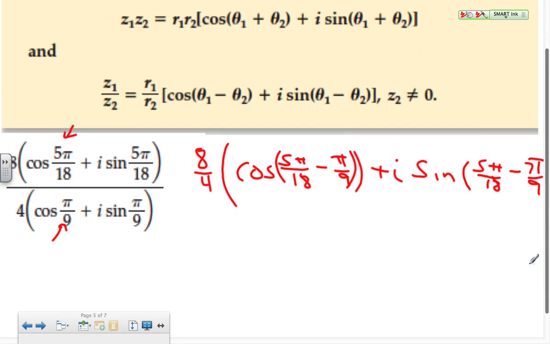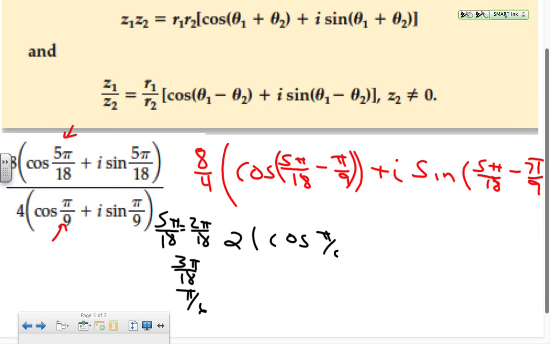Now, I'm going to actually do that part of the problem off to the side for those of you that have trouble. 5 pi over 18 minus 2 pi over 18 is 3 pi over 18, which is pi over 6. So I have 2 times cosine pi over 6 plus i sine pi over 6.